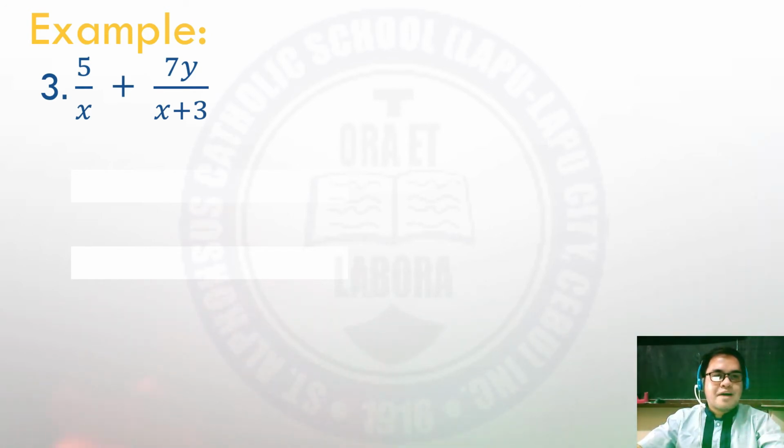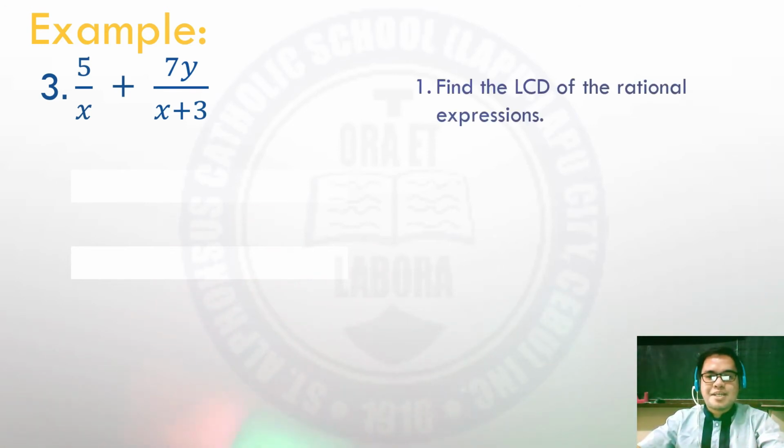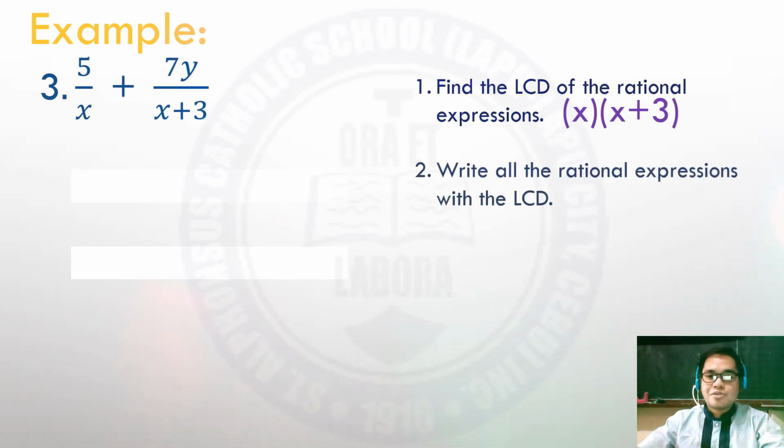Okay, if we have 5 over x plus 7y over x plus 3, what we are going to do first is find the LCD of the rational expressions, which is x times the quantity of x plus 3, since we got this one earlier, and write all the rational expressions with the LCD.